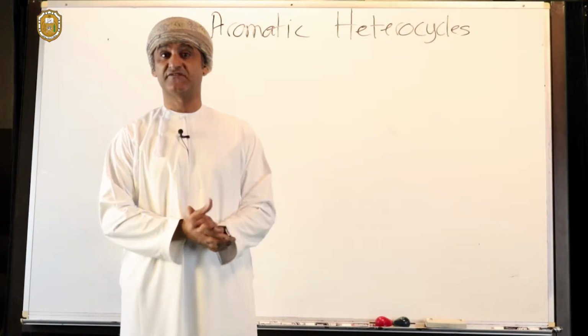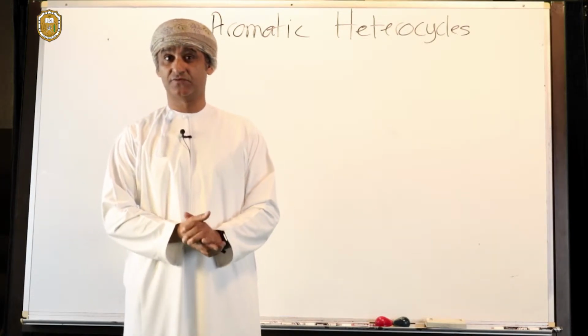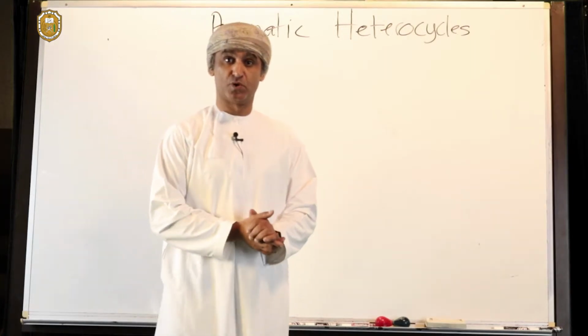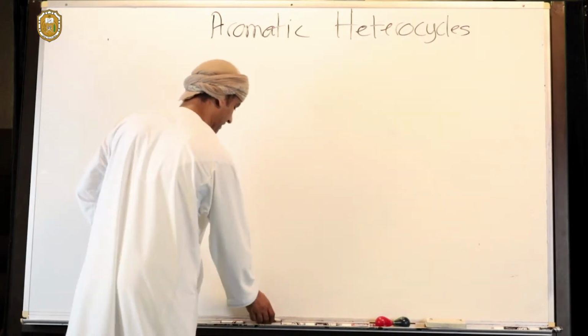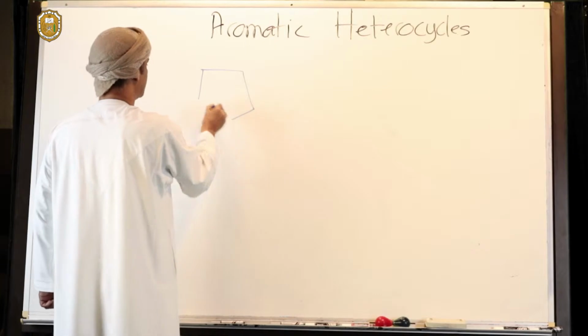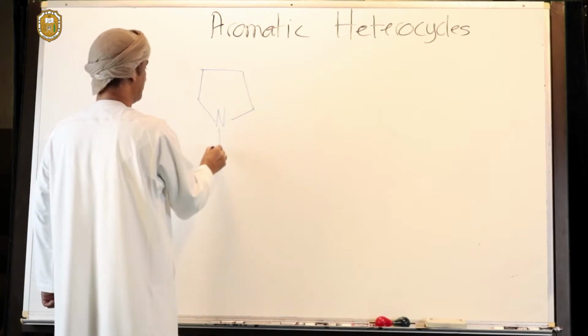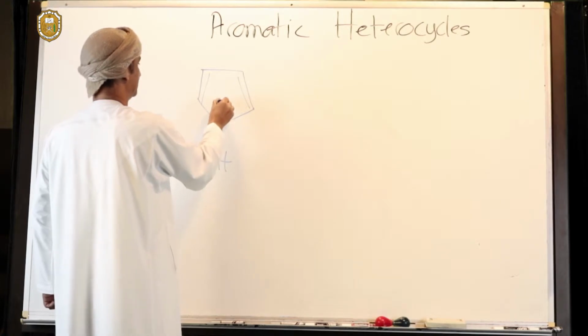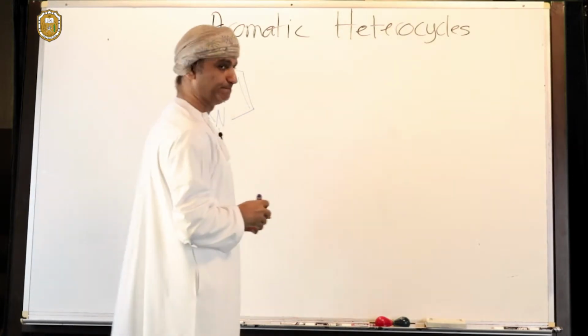Let's now take 5-membered heterocycles, and of course the usual suspect here is pyrrole. Pyrrole is a 5-membered heterocycle that consists of 5 atoms, and this nitrogen again has a lone pair.